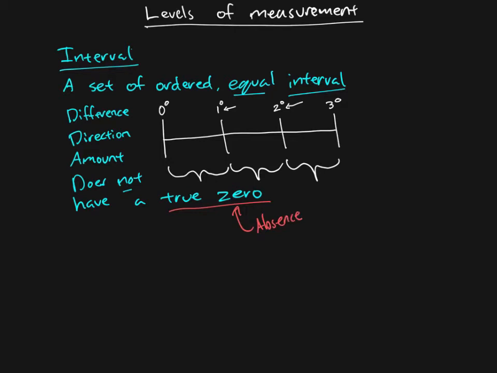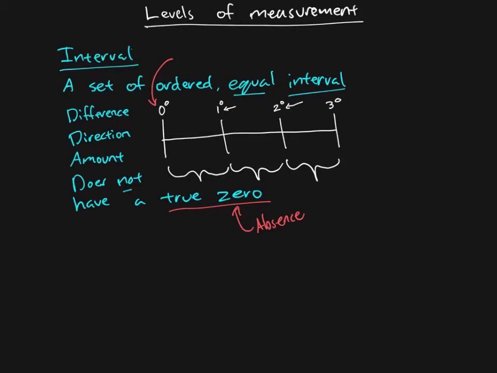So in our example, we're talking about the Celsius temperature scale. If this right here were a true zero, that would indicate absence of temperature. There would be nothing colder than that. But we know that's not true because when we talk about Celsius and also Fahrenheit, we talk about negative temperatures.